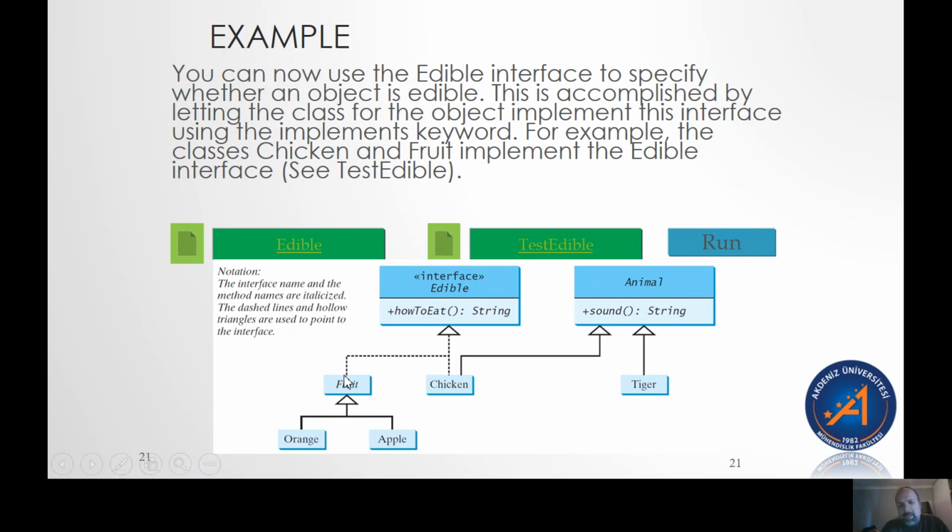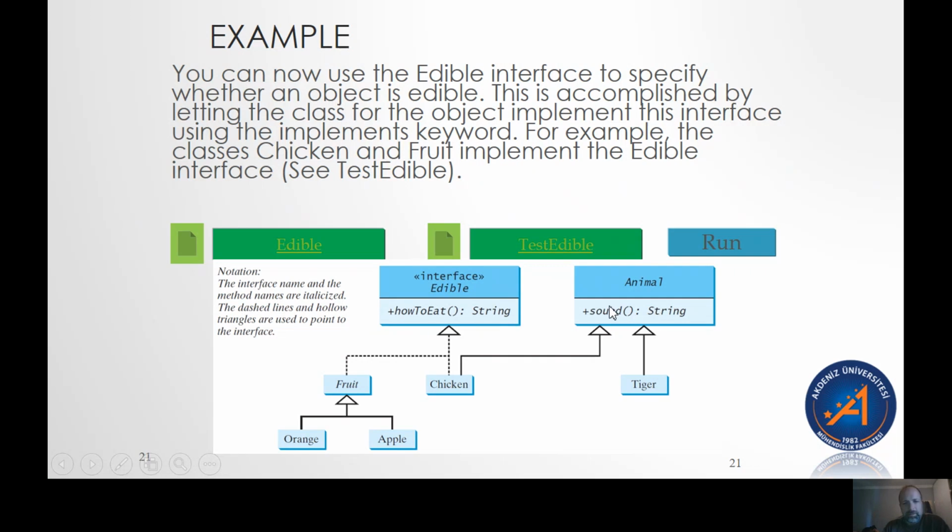The way that we say a class implements an interface is with this dotted line with the triangle. Similar to extends, but instead of a solid line, it's a dotted line. So the way we would read this is that a tiger is an animal.